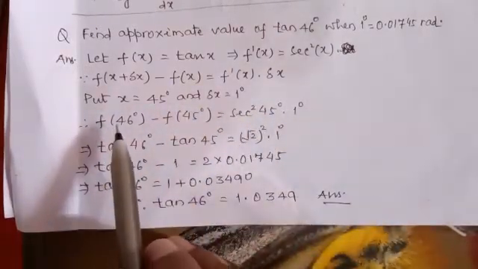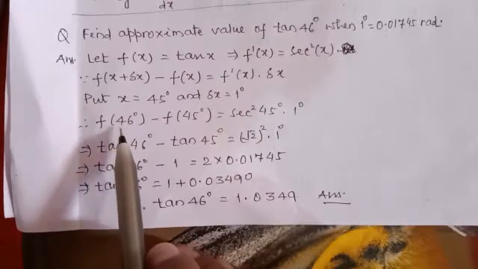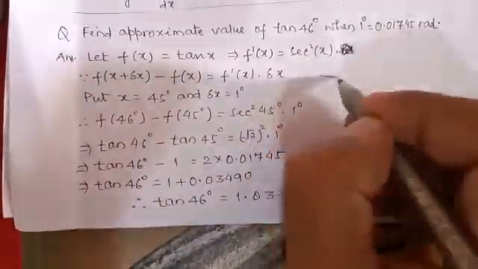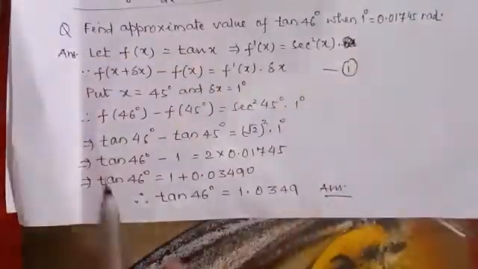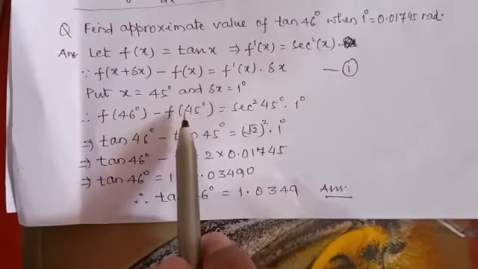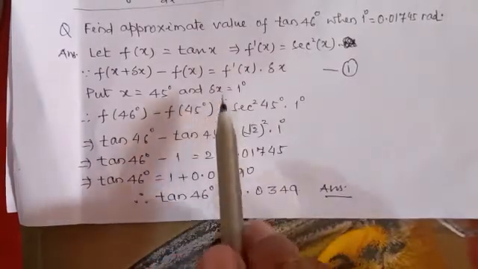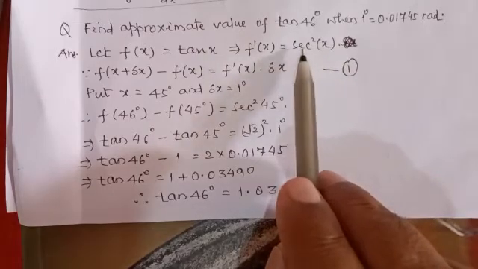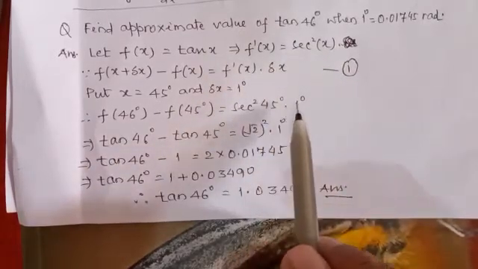Then f(46 degree), or you may write it as equation 1. So from 1, f(46 degree) minus f(45 degree) is equal to f dash x, which is sec square x. So it should be sec square 45 degree into 1 degree.